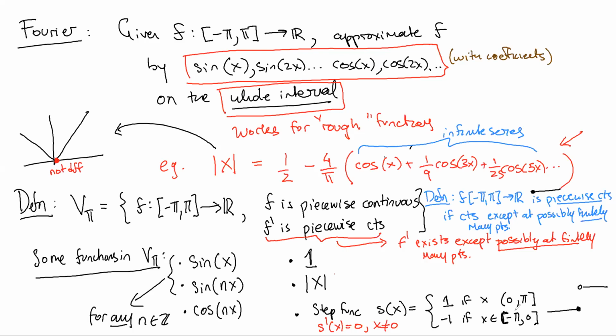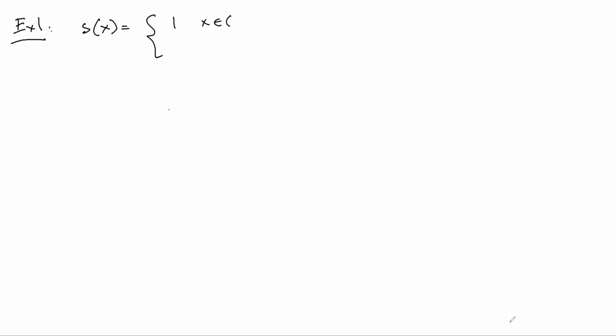Technically, to make this odd, I would have to define it to be 0 at 0, but it's not really important. So let's look at this function, which is not continuous at 0.